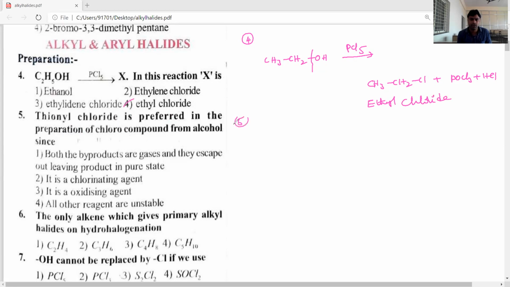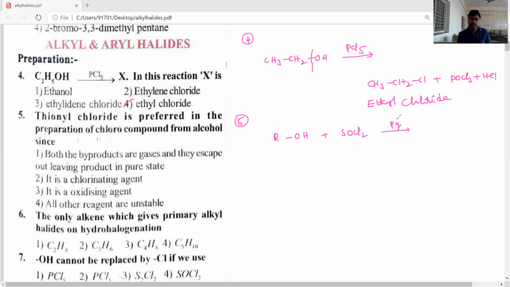Okay, let's see the fifth one. Thionyl chloride is preferred for the preparation of chloro compounds from alcohols. Why? What is the main reason? Alcohols, ROH, react with thionyl chloride, SOCl2, in the presence of pyridine.